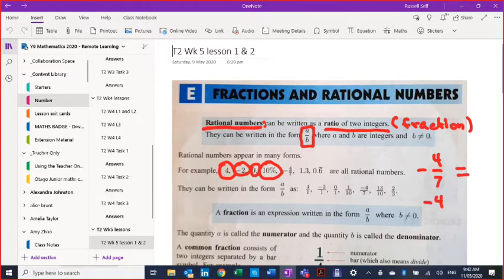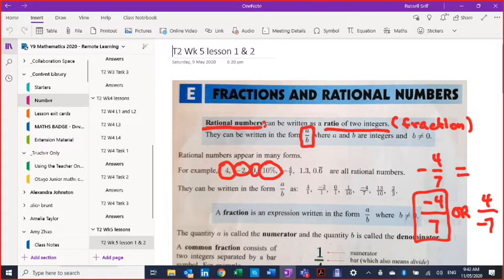We could put that negative in the numerator, so -4 divided by 7 is the same as -4 over 7. Or we could put it in the denominator. Now this one is the preferred one. So if you have a negative in front of a fraction, that's the same as saying that the numerator is a negative.